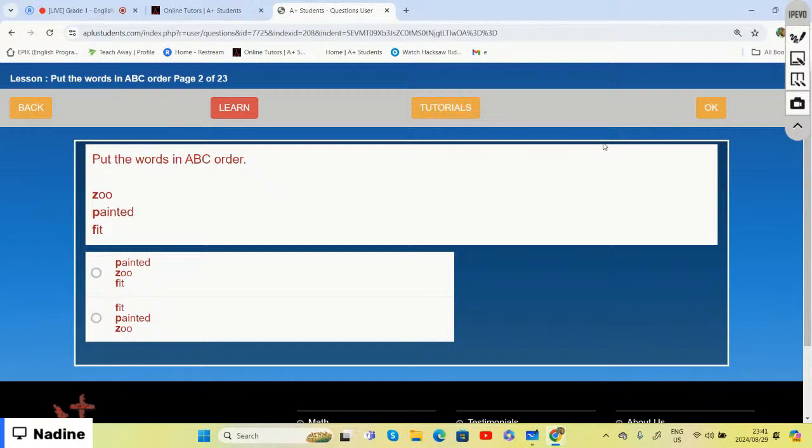So look at the words. It says put these words in ABC order. We have zoo, painted, and fit.